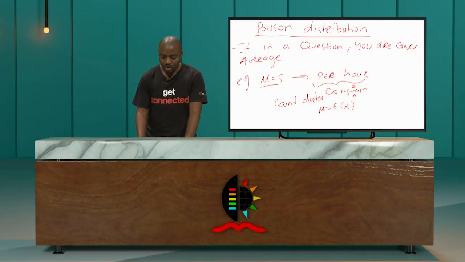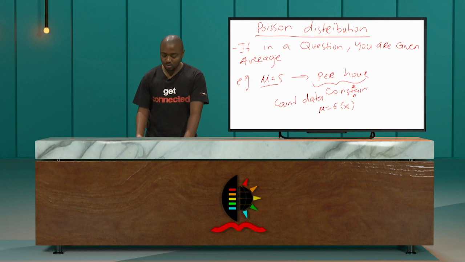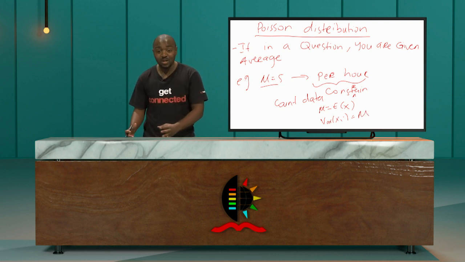Maybe they can say, what is now the average per minute, right? Then you need to convert your hours into minutes, right? Then again, your variance of xi is also mu, right? It goes along with the constraint that they've given you.